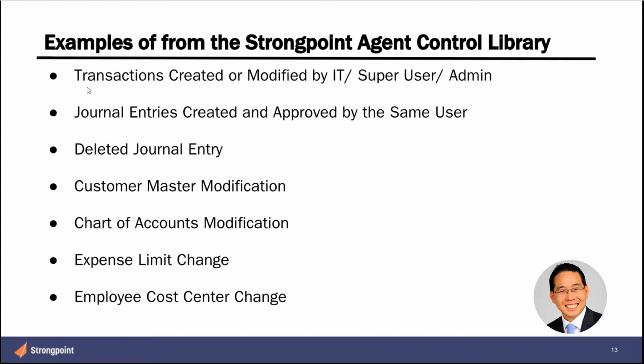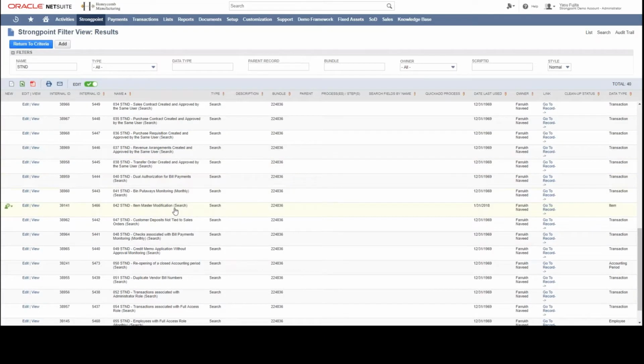And then there's all sorts of anything you can actually detect with a saved search, you can create a control for. So deleted journal entries, customer master modification, chart of account modification. And what that looks like in the system is we have all these pre-built, commonly used controls that people would want on their financial records.